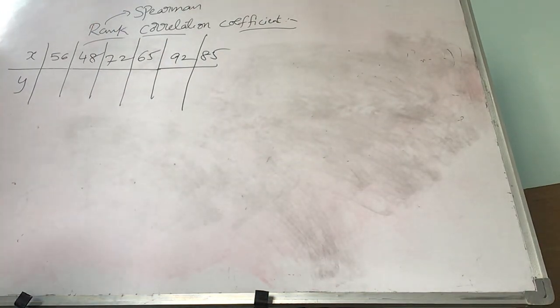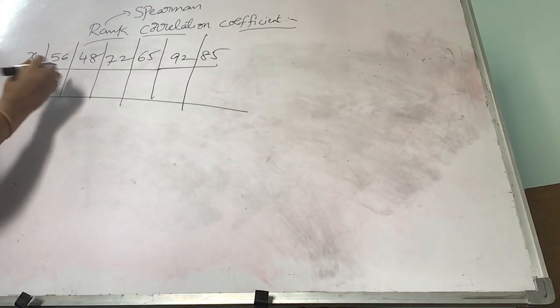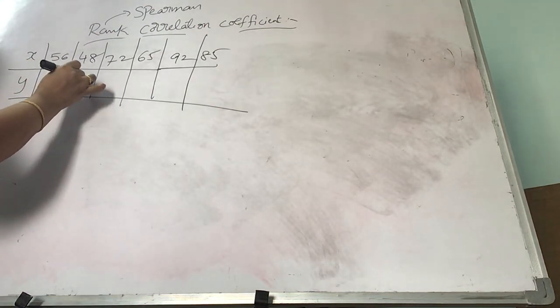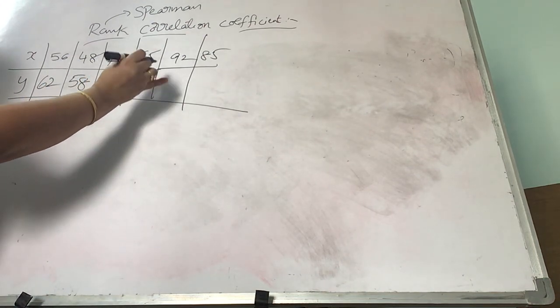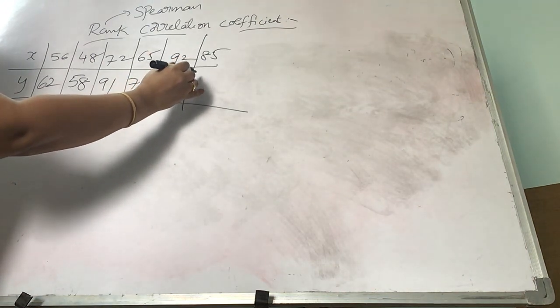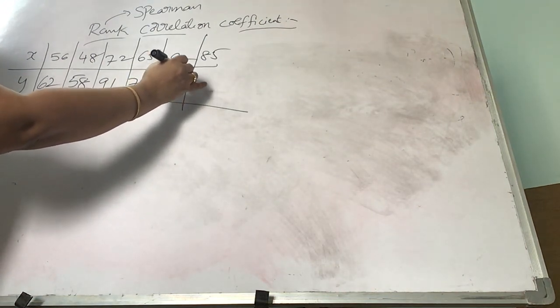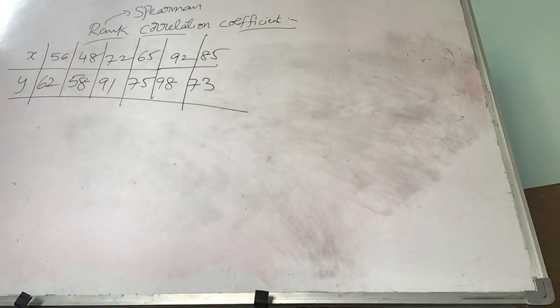Here I am taking 6 values for x. Similarly, we assign some values for y also: 62, 58, 91, 75, 98, and next is 73. Here also I assign some values for x and y.